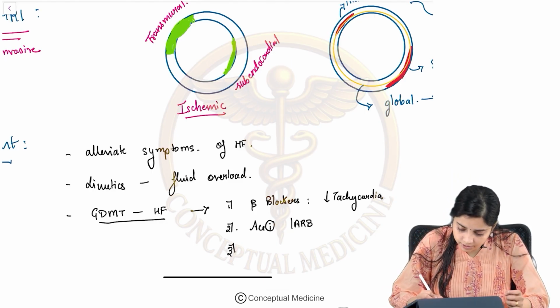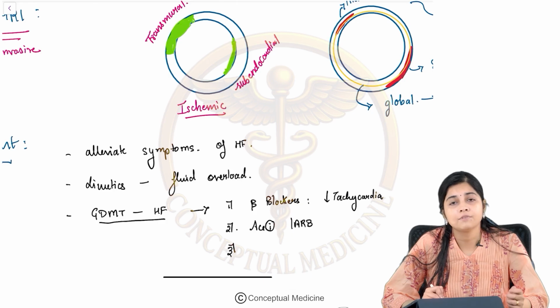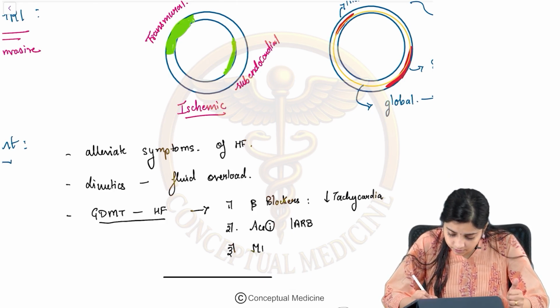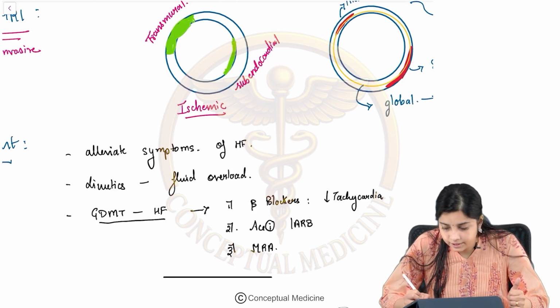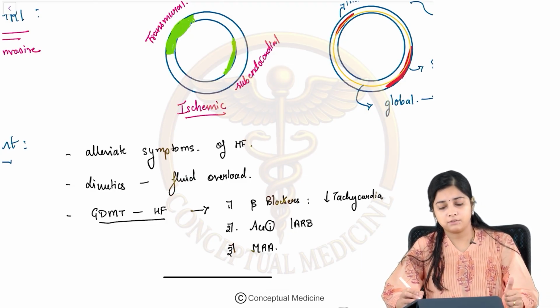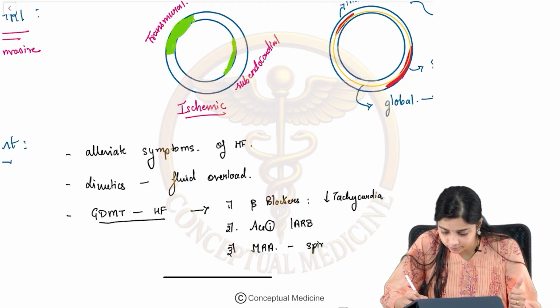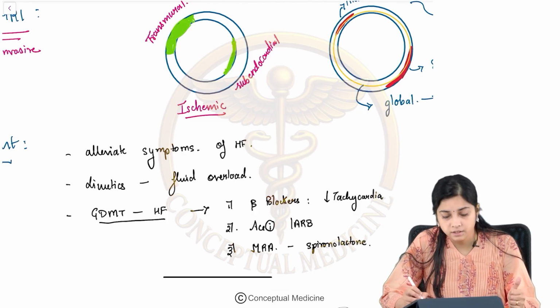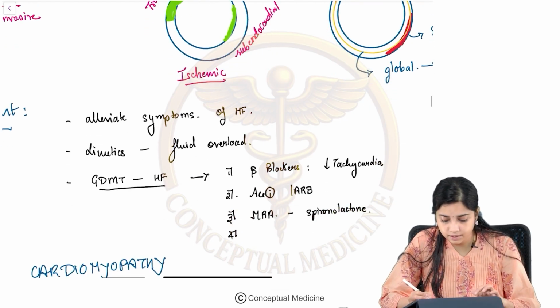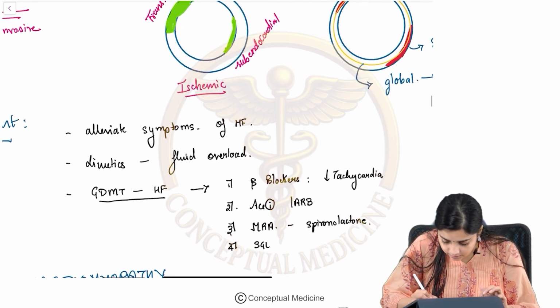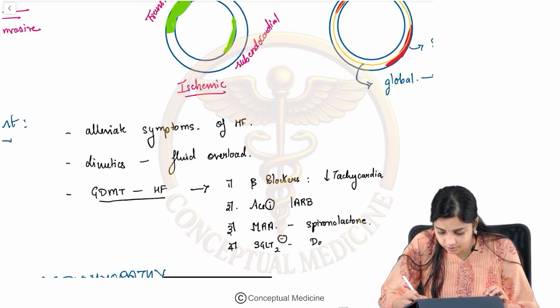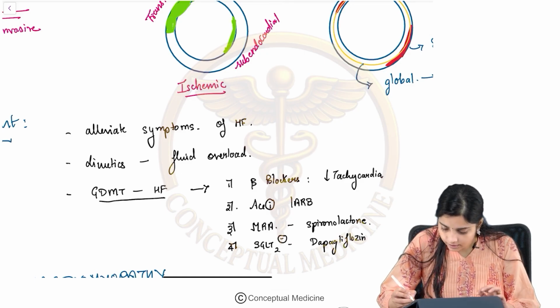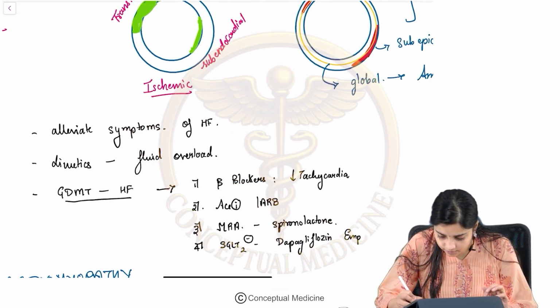The third group of drugs which we are now using is the mineralocorticoid receptor antagonist, such as spironolactone. And the fourth group of drugs which we are using is the SGLT2 inhibitors, which include dapagliflozin and empagliflozin.